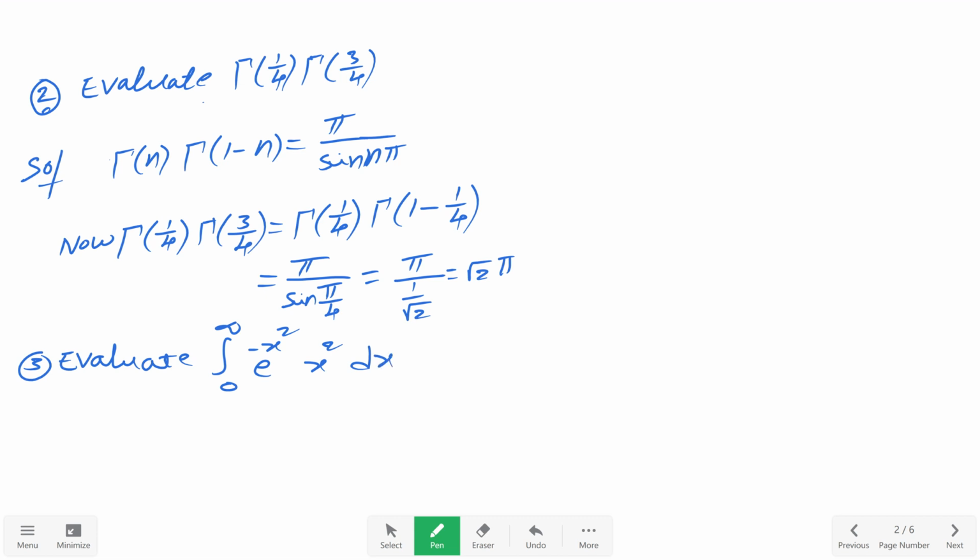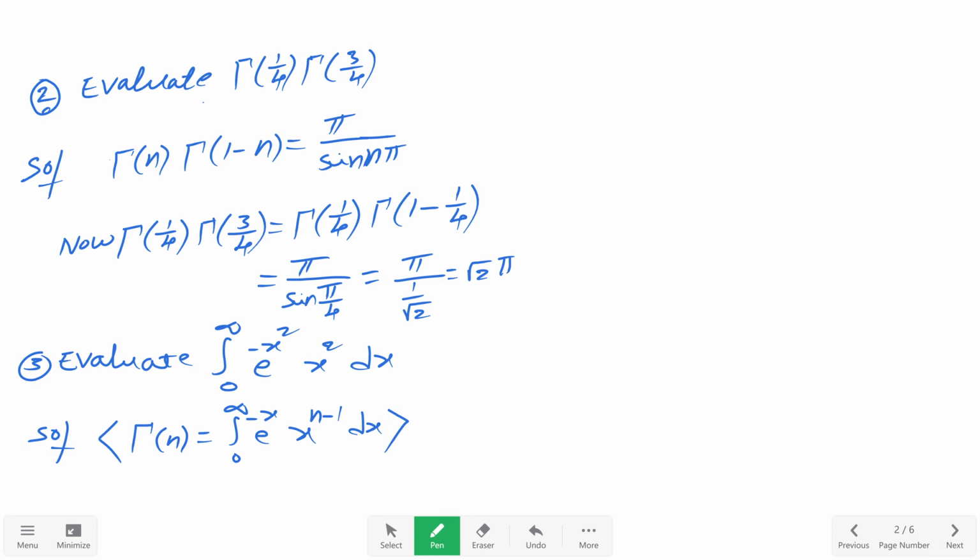Now we have to evaluate this integral. So we can evaluate this integral by using the definition of the gamma function. What is the definition of the gamma function? Gamma of n is equal to integral 0 to infinity e power minus x into x power n minus 1 into dx. Right? By using this definition, we have to evaluate this integral.